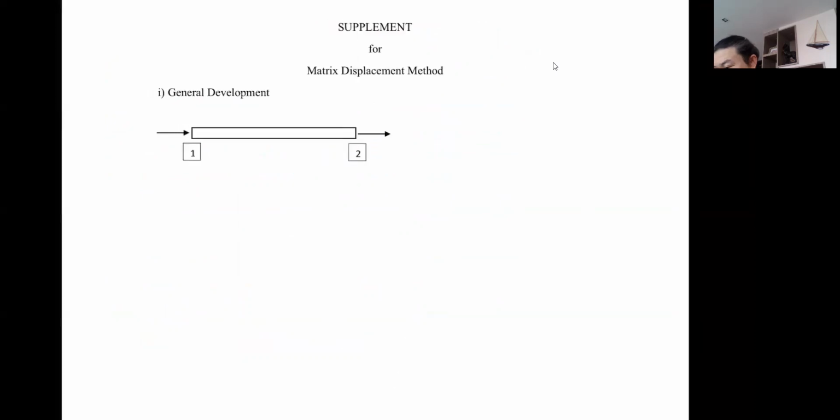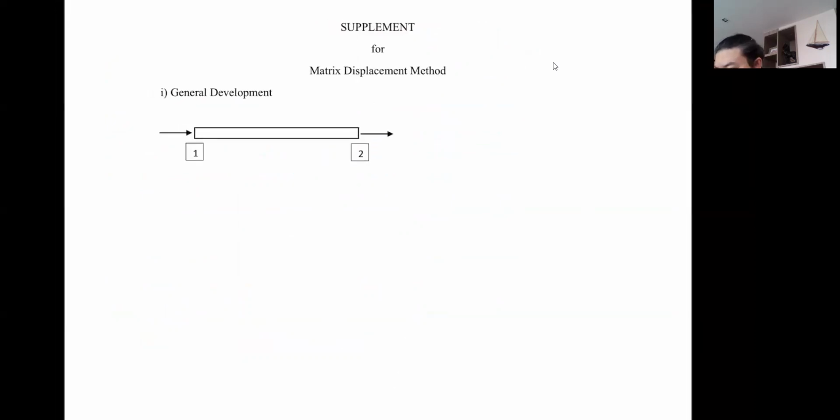Okay, so let's focus on a typical truss member. I am going to call this, I have to make it bigger, node 1, and then node 2.